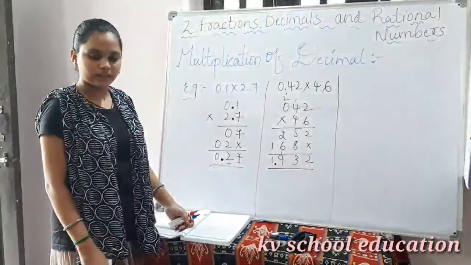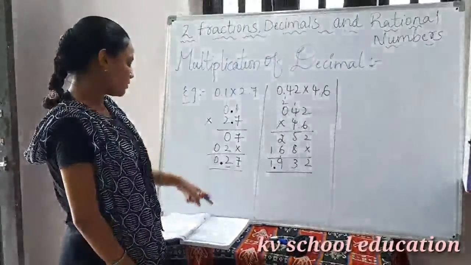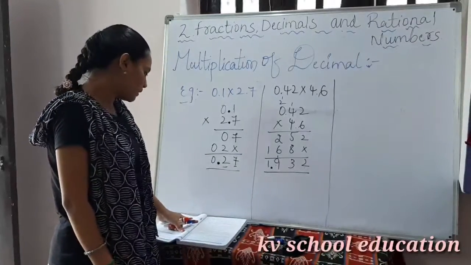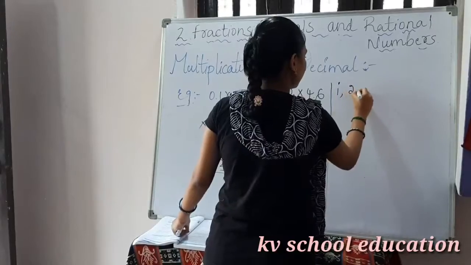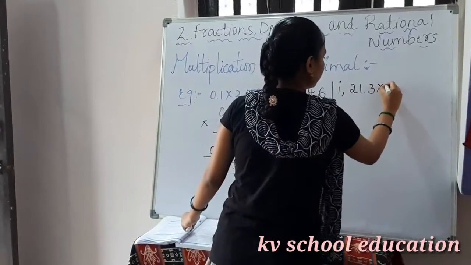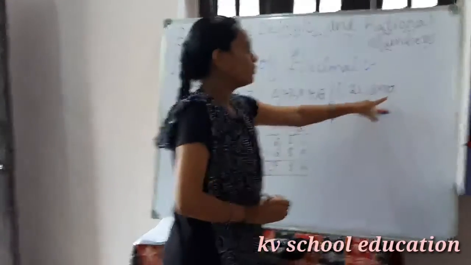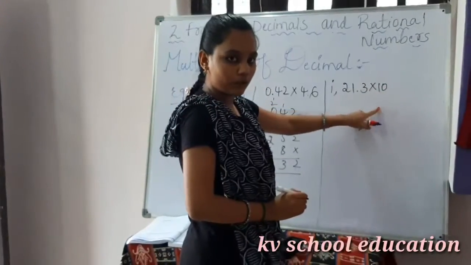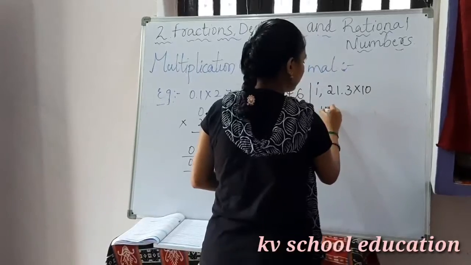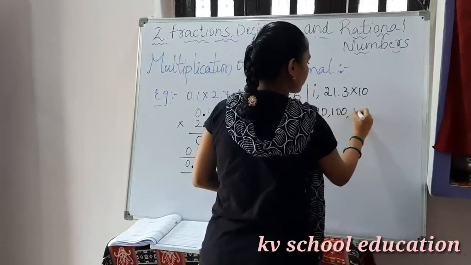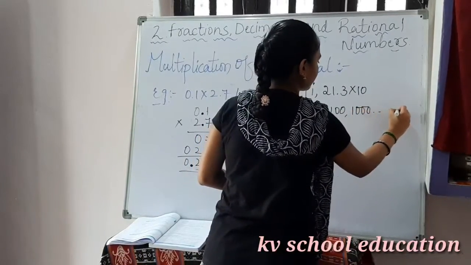Now I will take one more example of multiplication of decimals, which is given in your textbook. That is 21.3 into 10. Don't multiply, because I will tell you one trick which is only used for 10, 100, 1000 and so on.